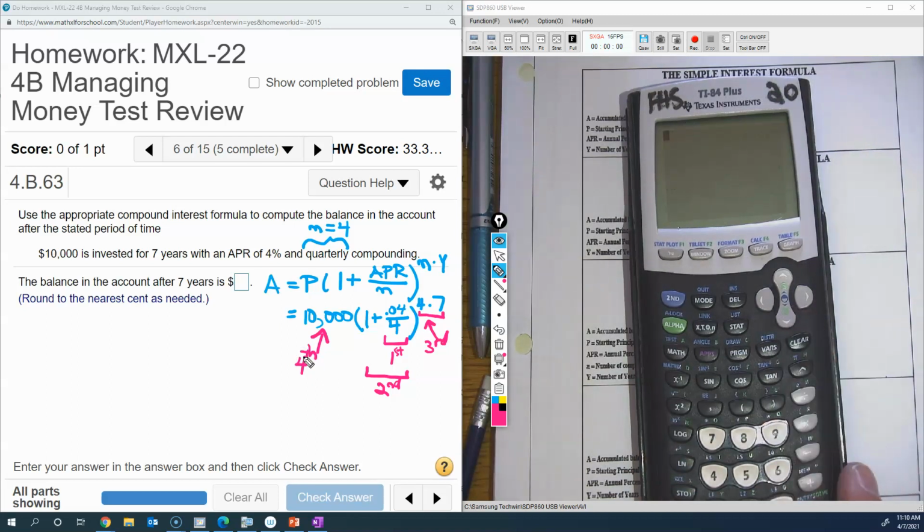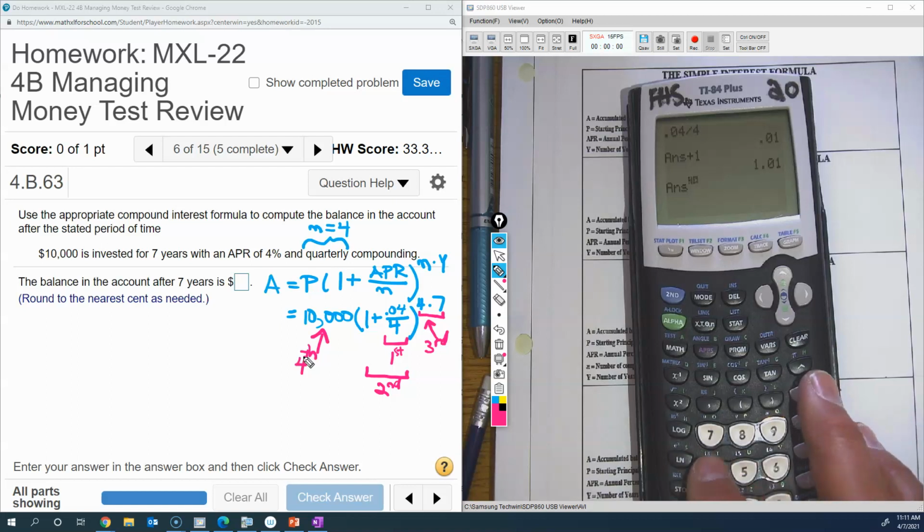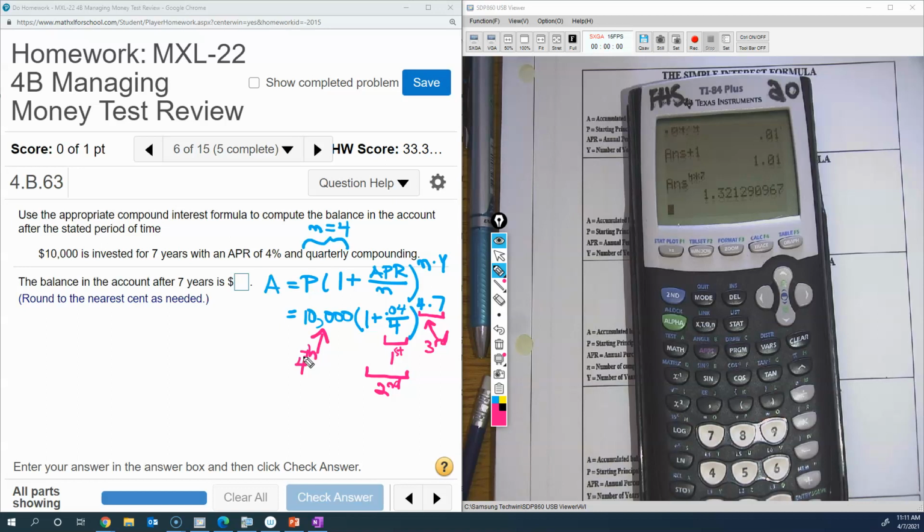Okay, so 0.04 divided by 4, enter. Plus 1, enter. Okay, exponent 4 times 7, enter. And then times 10,000. Enter.